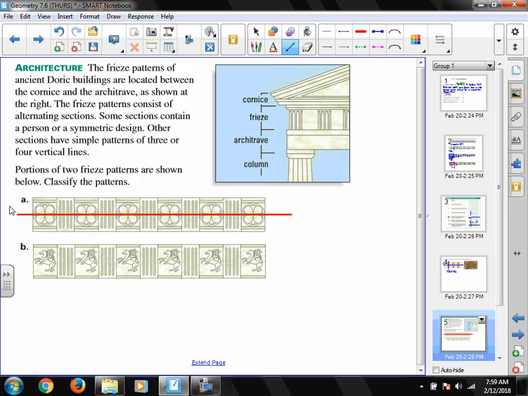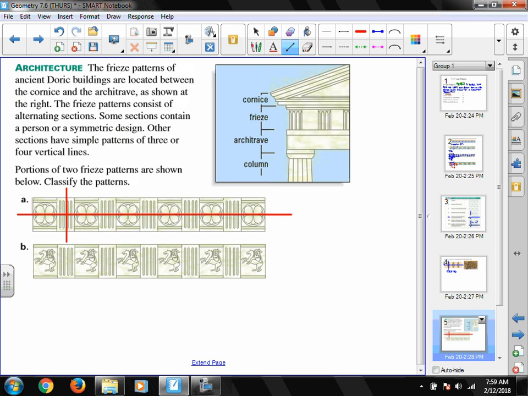So I can repeat this pattern. Then it looks like I'm pretty symmetric right there. So this one, I've got quite a few things going on. Again, it's got that quad section repeated.